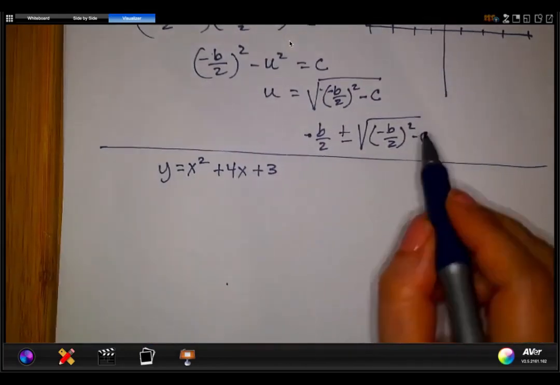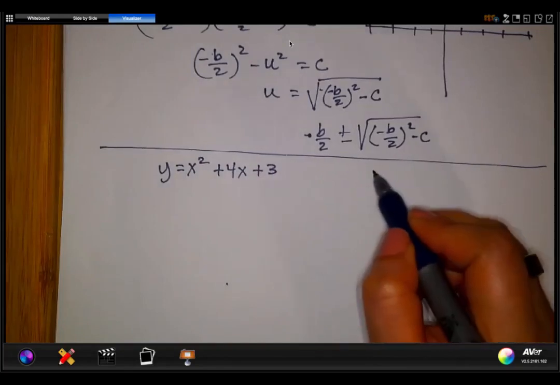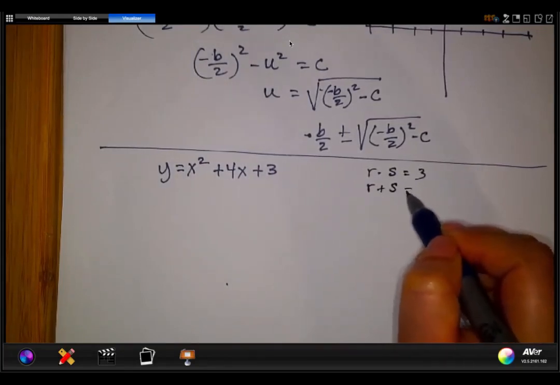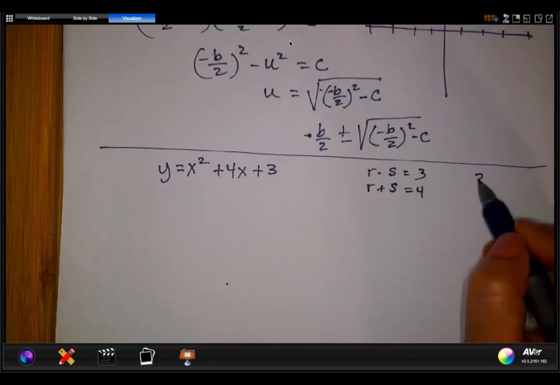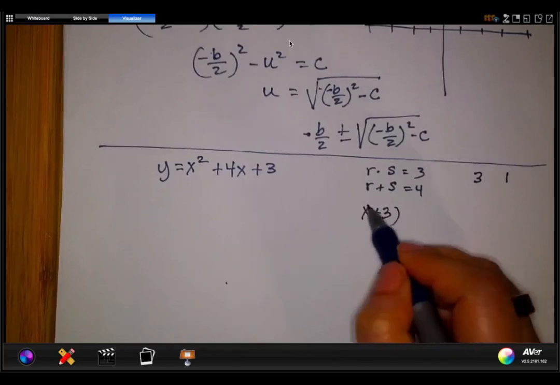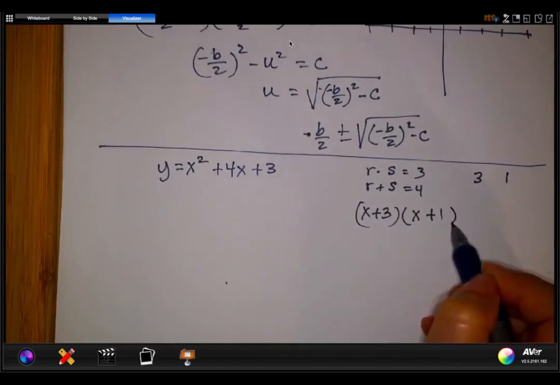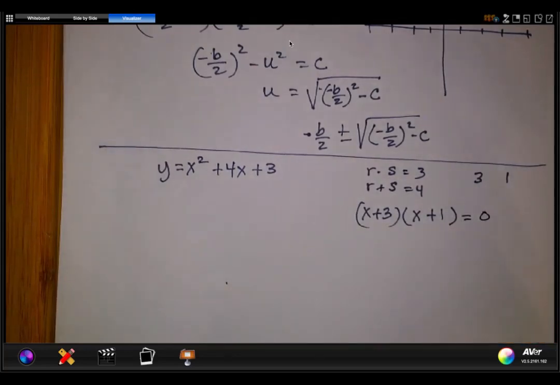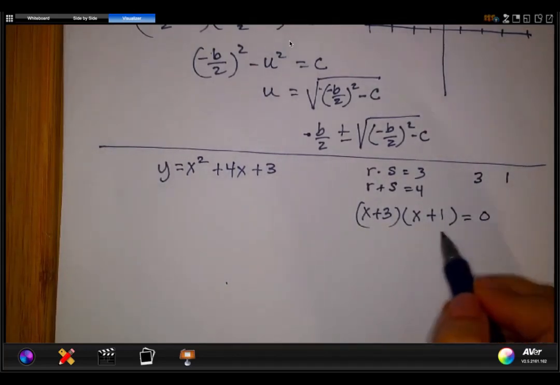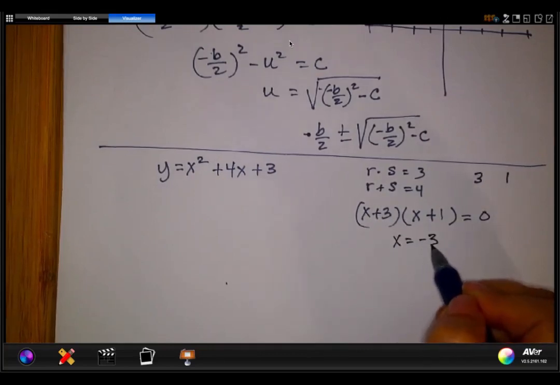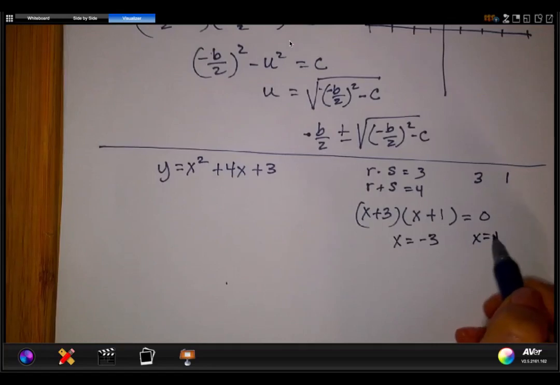We're looking for two numbers that multiplied together are 3 and added together are 4, and those numbers will be 3 and 1. So we have x plus 3 and x plus 1 as the two factors, and the zeros are the opposite of that: negative 3 and negative 1.